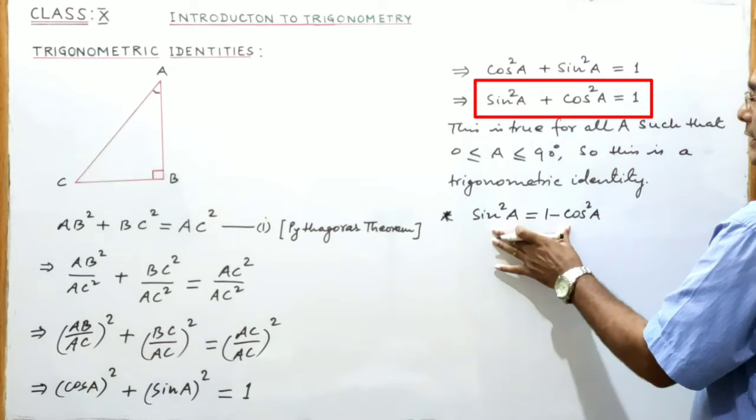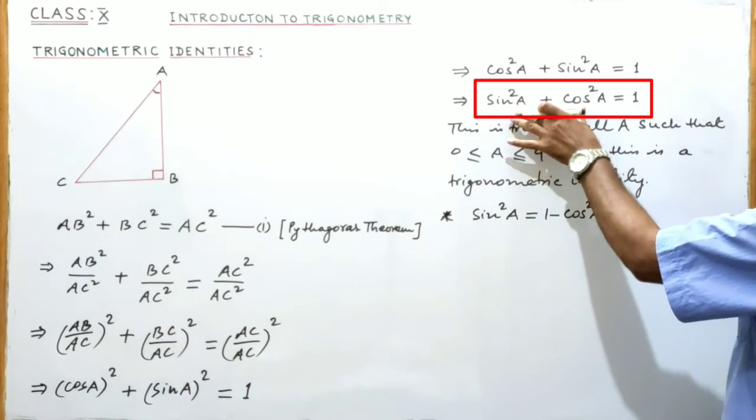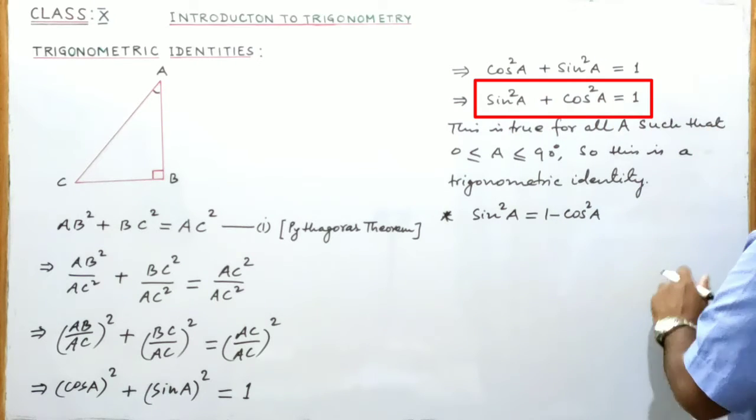This is also an identity and it is derived from the identity sin square A plus cos square A equal to 1.